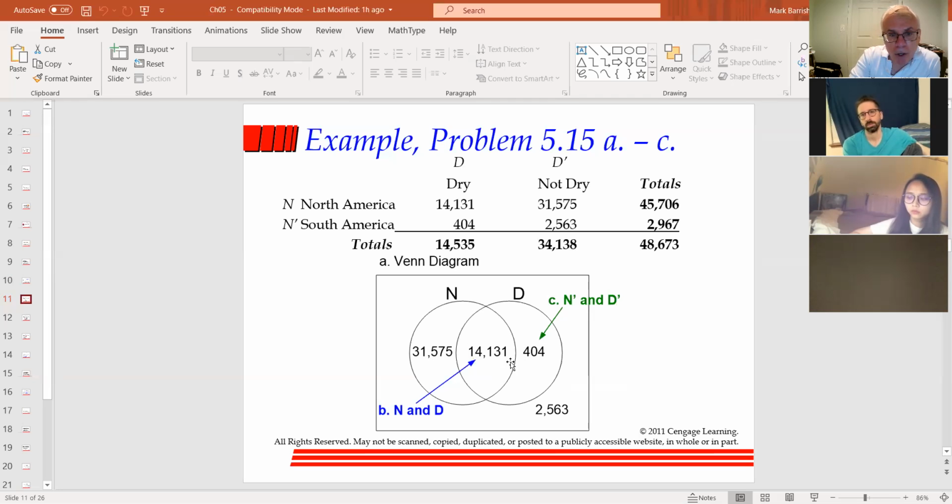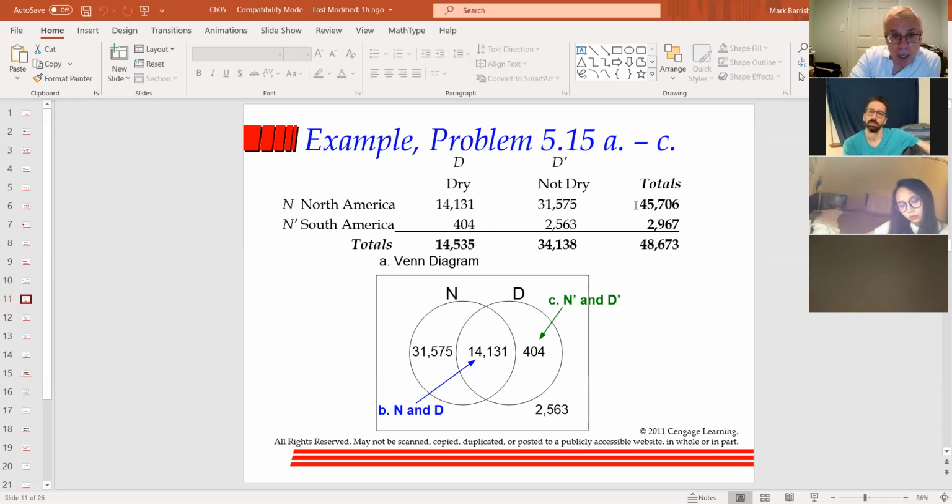And the way to look at it would be 45,706 plus 14,535 minus 14,131. That would be the sum of these. That's the addition principle, right?